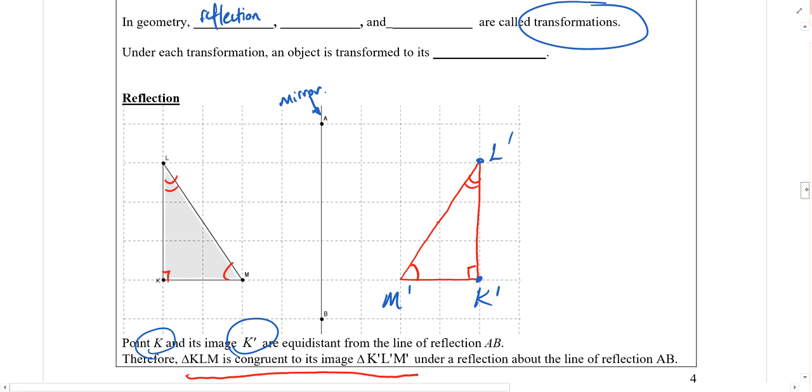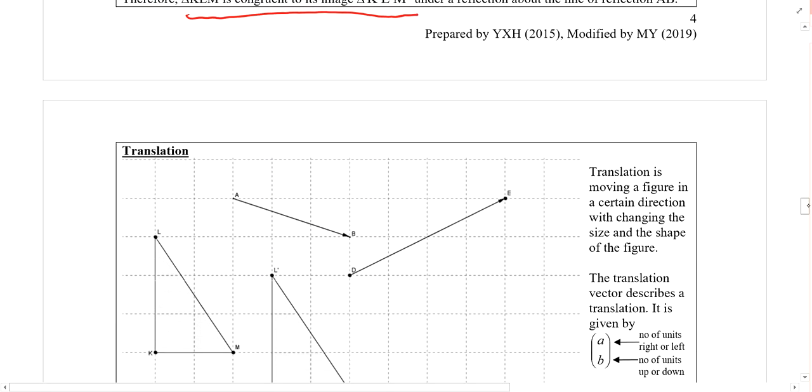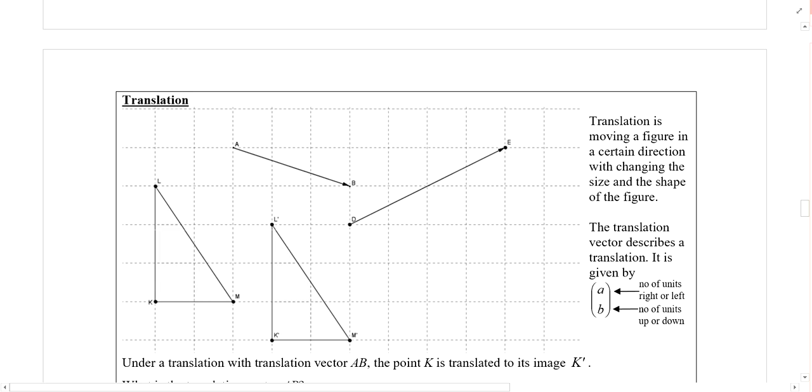Besides reflection, we have this thing called translation. Translation simply means moving it in a certain direction. Moving a point in a certain direction.